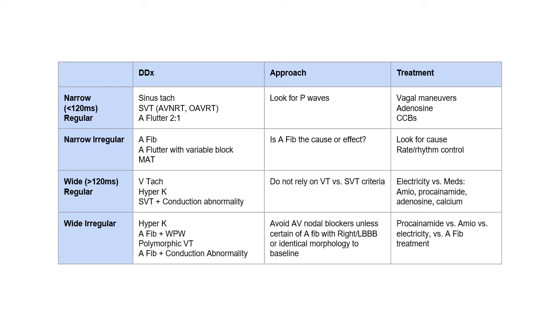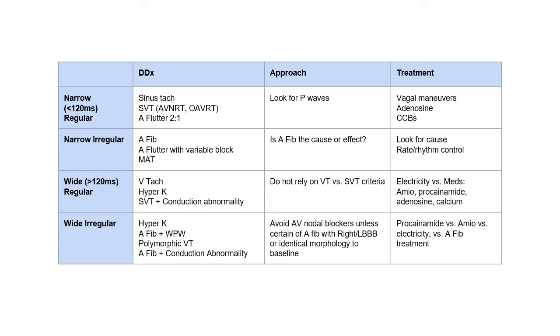And atrial flutter, not with a variable block, but with either a 2-to-1 block or 3-to-1, it's not going to be too tachycardic. So those are going to be our narrow, regular tachycardias.